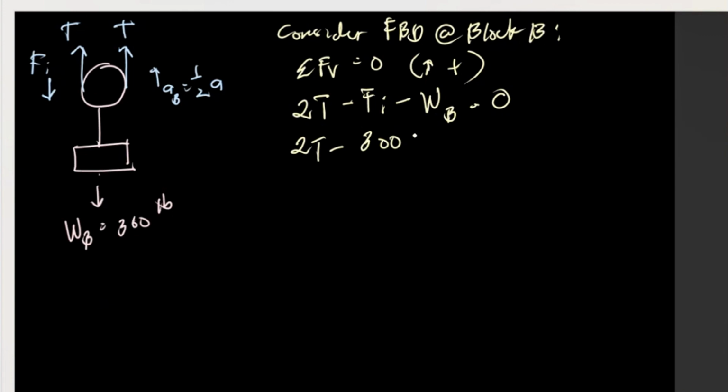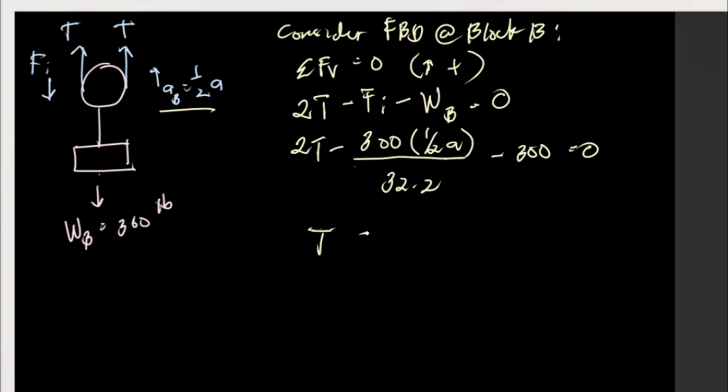Ngayon, na acceleration ng A sub B ay 1/2 ng A, 1/2 A, over 32.2, minus 300 is equal to 0. Simplifying this, lalabas T is equal to 150 plus 75 over 32.2 A. So this will become our equation number 2.